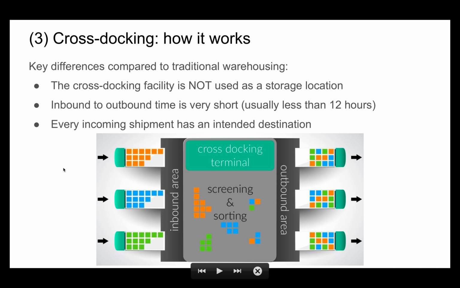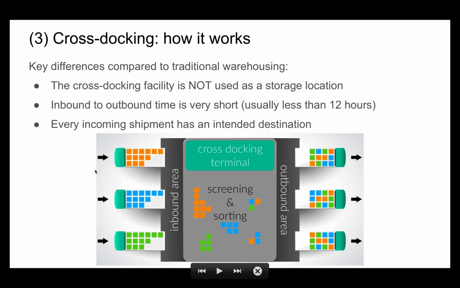The third distribution strategy which we'll consider is cross-docking. Now, cross-docking has some similarities with warehousing, but the key difference is that the cross-docking facility is not used as a storage location. So every incoming shipment to the cross-dock has an intended destination.